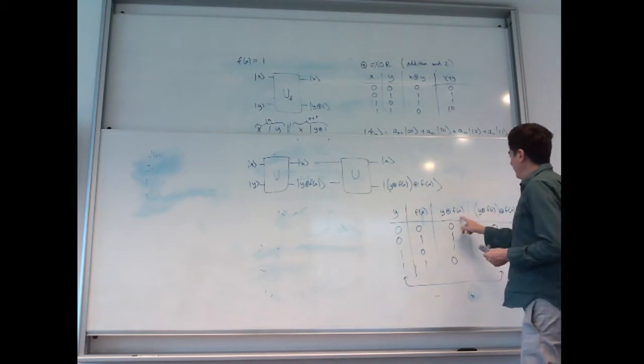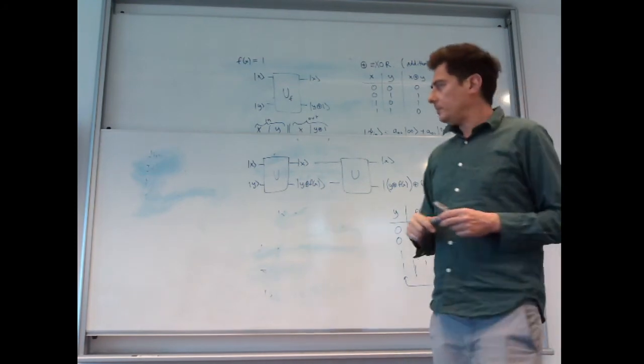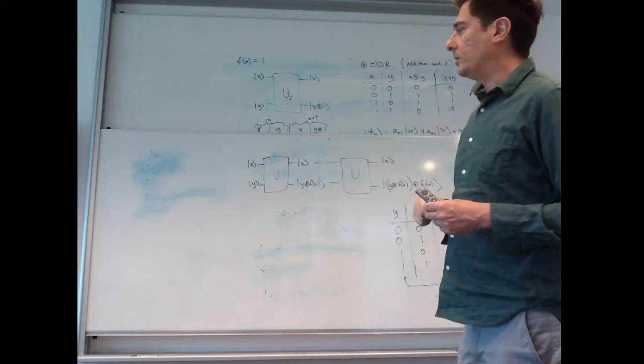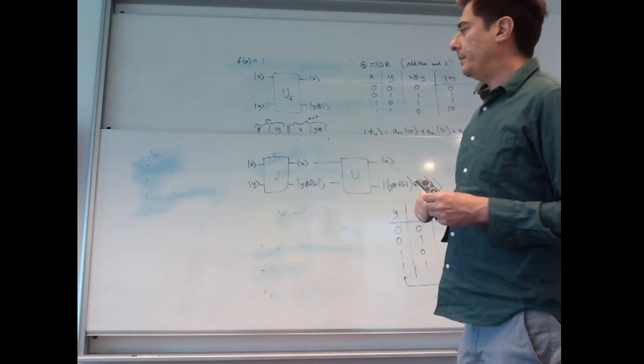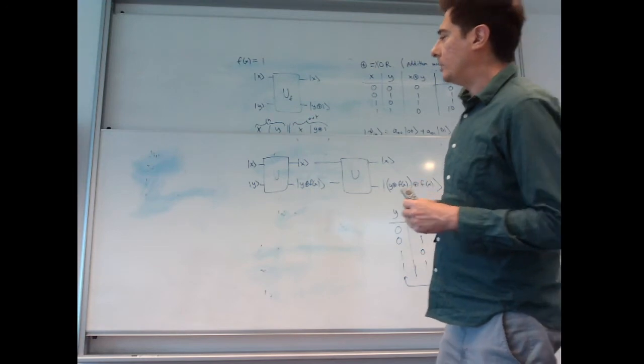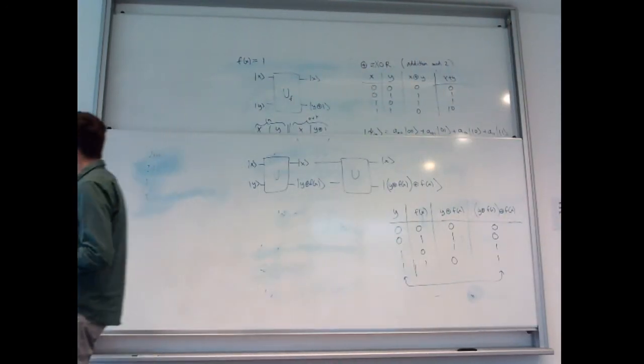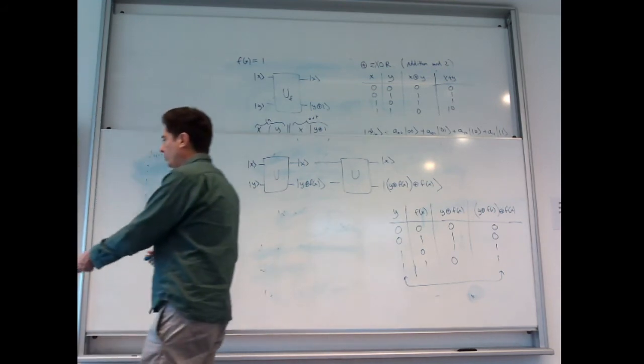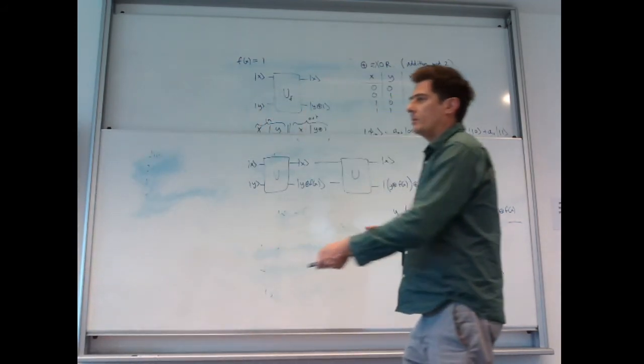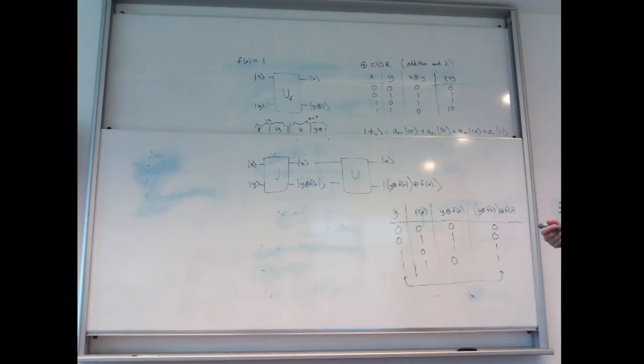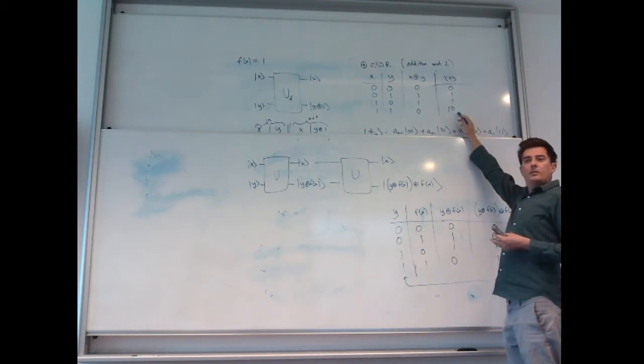But if you have two of the f of x's, then basically what I'm writing here is that 2 times any binary number is always 0 modulo 2, because 2 times any number is an even number, and an even number in binary always has a 0 as the last digit.